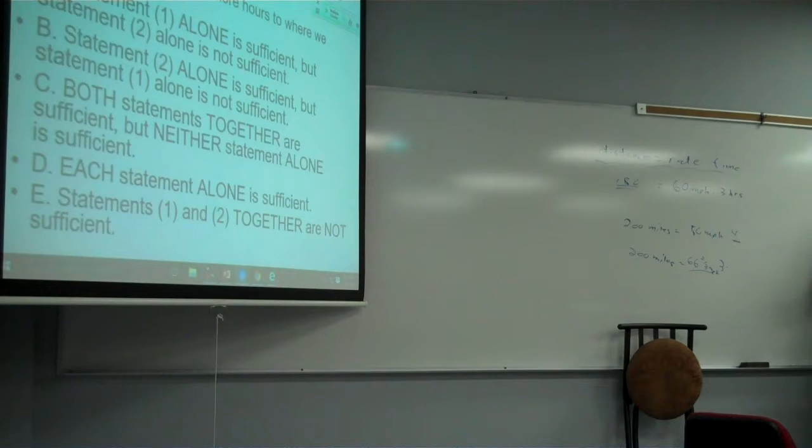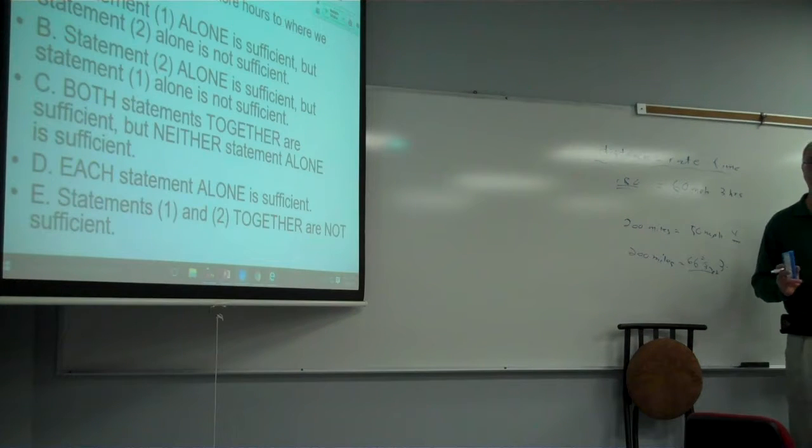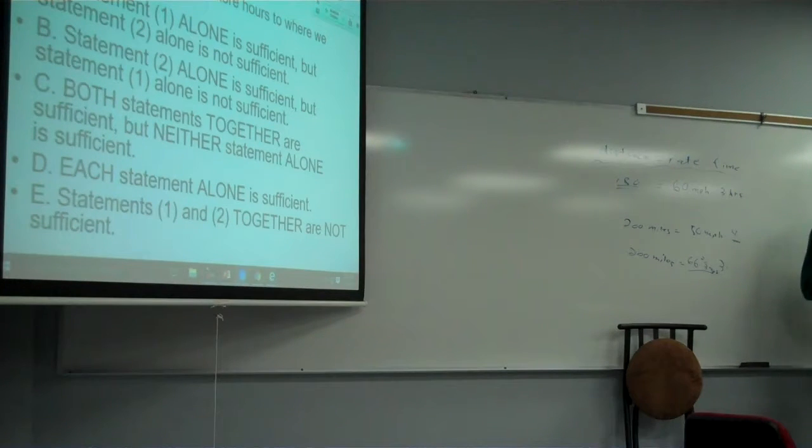We could finish and solve this problem. Notice this problem does not ask us to solve this problem. It's asking us which of statements 1 and 2 we need to finish solving the problem. That's why it's called data sufficiency. Do we have all the information we need to solve the problem? We're not being asked to solve the problem, though we did in this case.